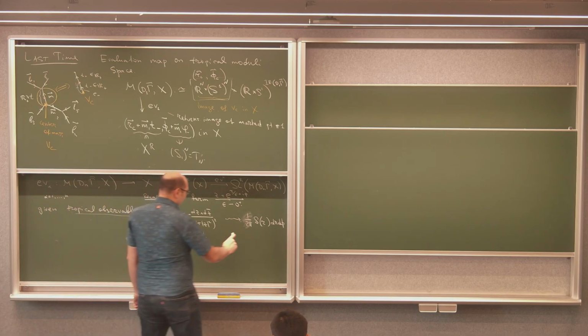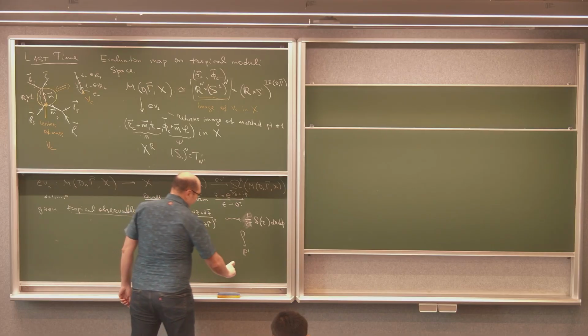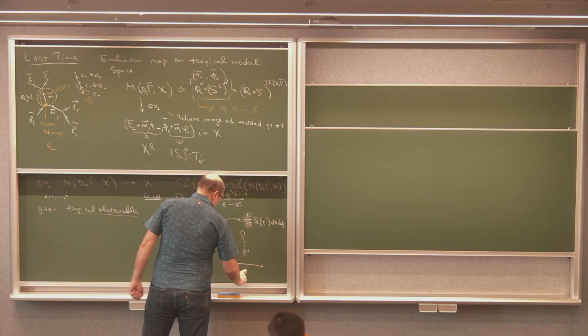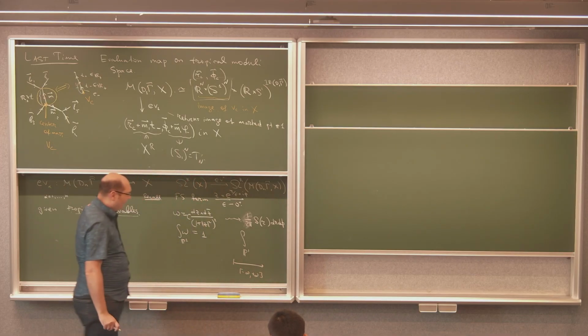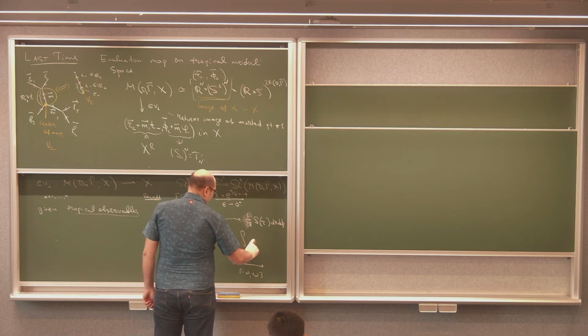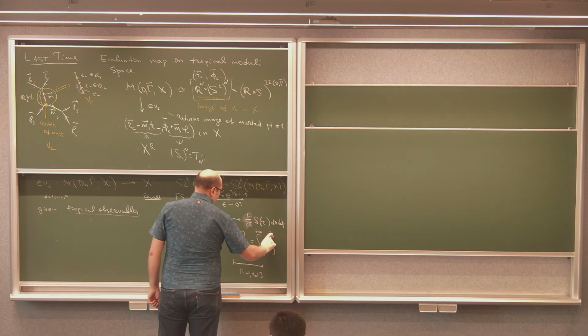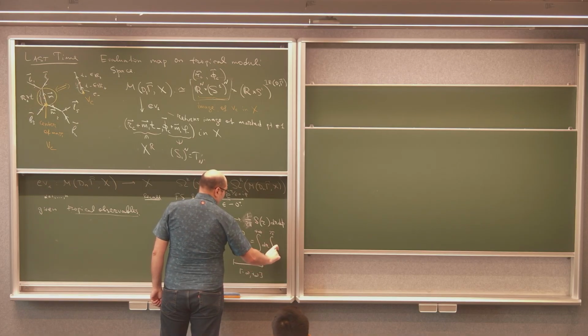We can check that if we integrate over P1, which is in this case an interval, we took a line and compactified it by including infinities, this integral over P1 became an integral from minus infinity to plus infinity in the radial coordinate, and from 0 to 2 pi in the angular coordinate.